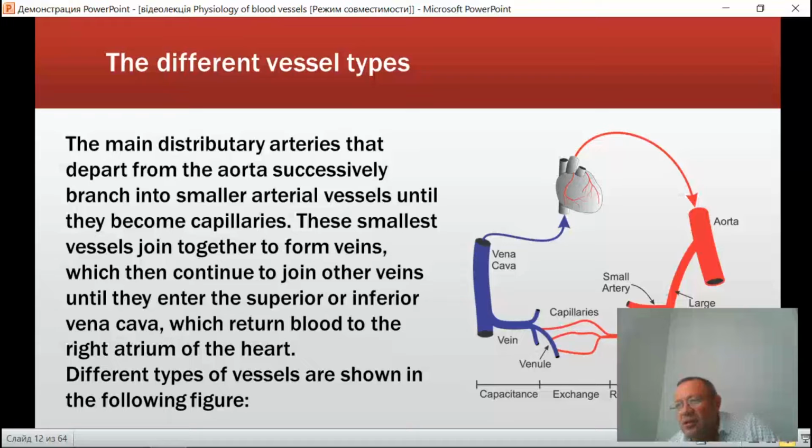These smallest vessels join together to form veins, which then continue to join other veins until they enter the superior or inferior vena cava, which return blood to the right atrium of the heart. Different types of vessels are shown in the following figure, with different functions.